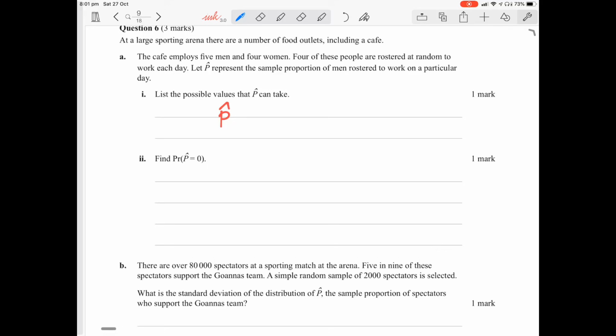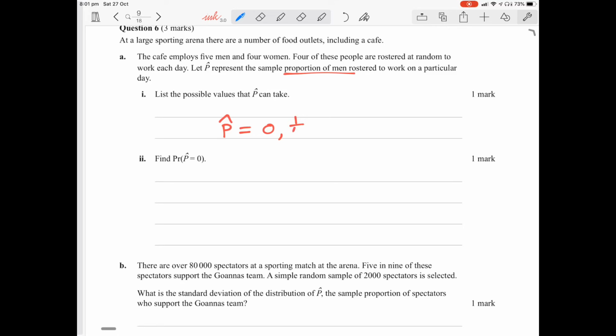So, P hat could be the proportion of men. There's 4 women and 4 are chosen. So we could have no men.